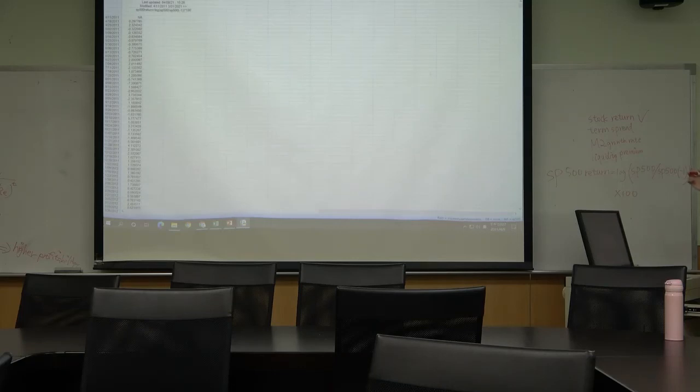Now the second series we'd like to generate is term spread. Term spread by definition is the difference between the 1 year treasury bill rate and the 3-month treasury bill rate. Go to Object, Generate Series.